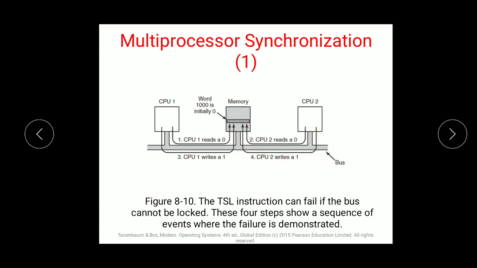Then both CPUs got 0 back from the TSL instruction. So 0 was returned to them as the first instruction result. In multiprocessor, TSL fails both CPUs. TSL will fail both CPUs if there are multiple processors accessing the memory.